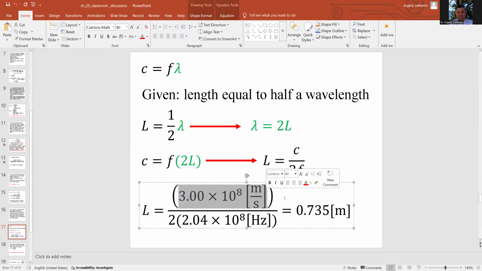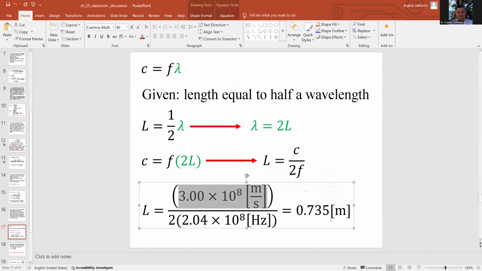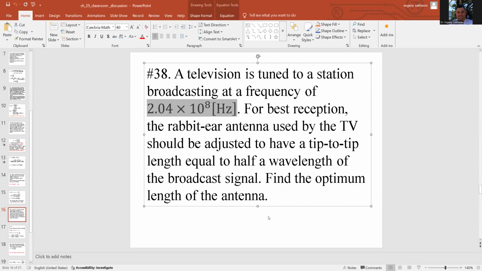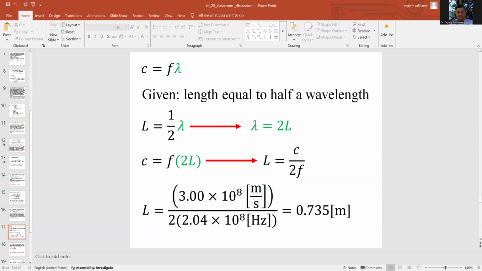You've got the speed of light because radio waves are still light, and TV is also a part of the radio spectrum. If you have a cable, a satellite dish, that would also be microwaves, I believe. And it's still the speed of light that all electromagnetic waves travel at. And we've got the frequency given. So frequency is given, but you multiply by 2 because you want the optimum reception and the optimum length for that antenna, which is 0.7 of a meter, which is like a couple feet.